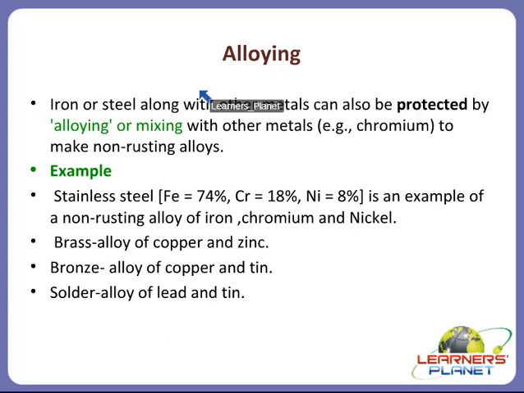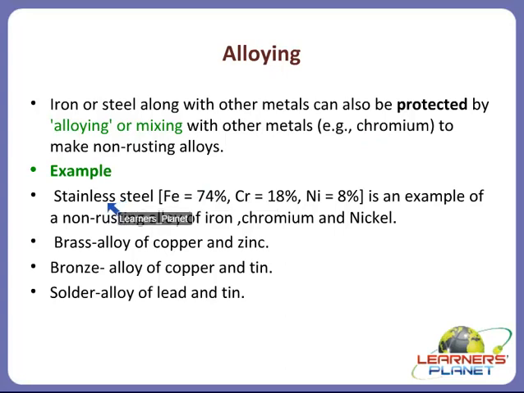Like iron or steel, along with other metals, can also be protected by alloying or mixing with other metals. How? Like chromium, like nickel, like copper. All of them are mixed in a proportion so that the metal is protected. Like your stainless steel.